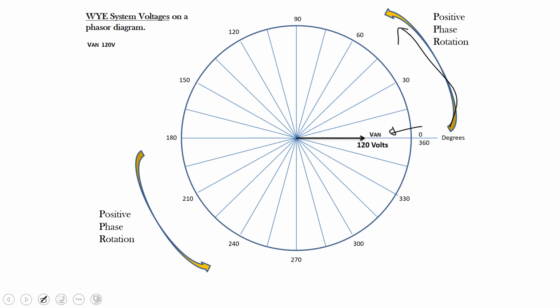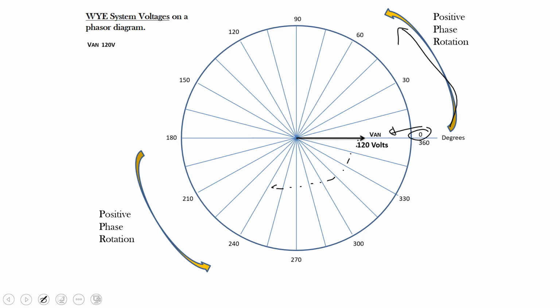Now if I'm using positive phase rotation, I know VB to N will peak 120 degrees after VA to N, or it's behind it. So 120 degrees behind VA to N. That means that I have to plot it 120 degrees down. So subtract 120 degrees.